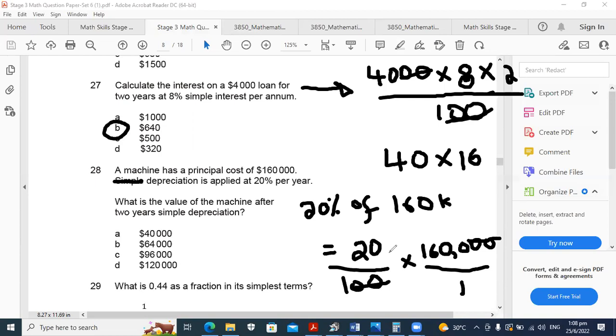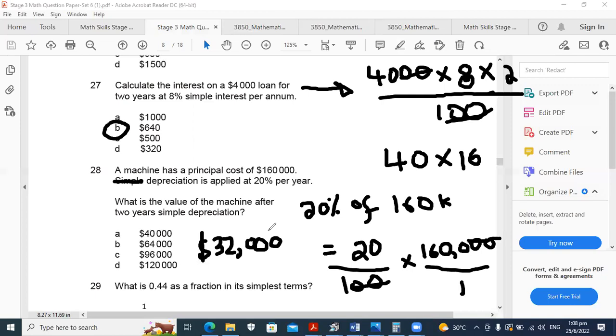So that's 20 times 1,600, 32,000. So 20% of 160,000 is 32,000. That's a lot of money.